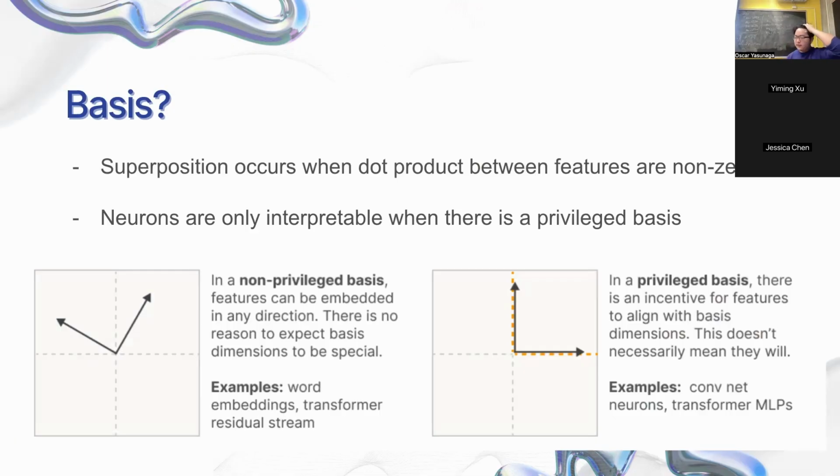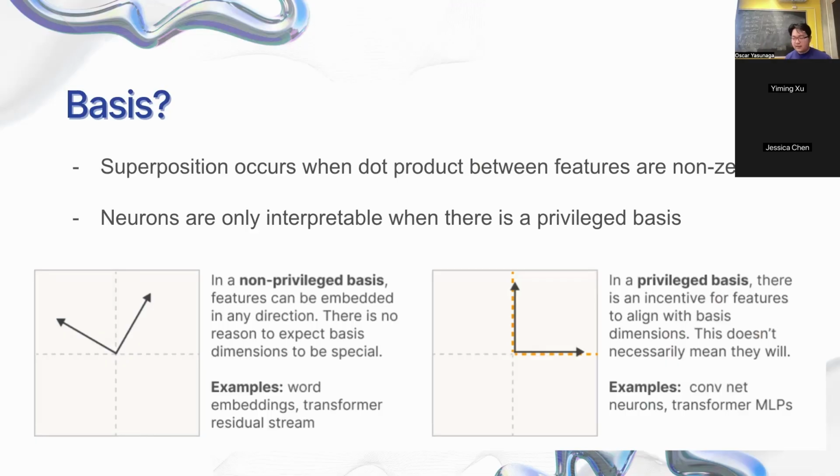In the case of a non-privileged basis, these are just scenarios or models where you can't interpret, or there are no special vectors within the space.